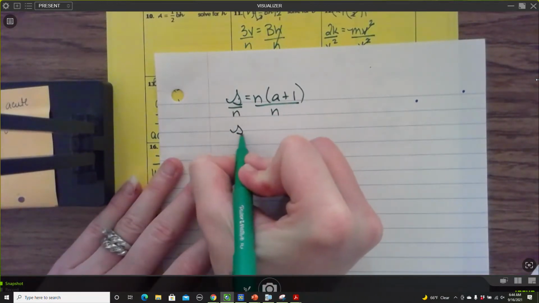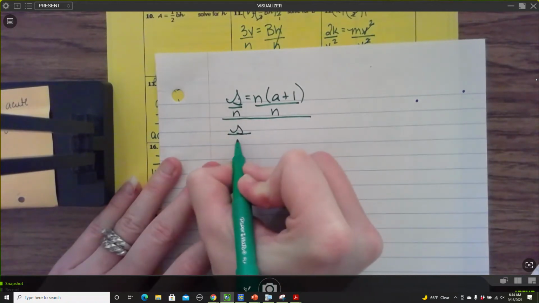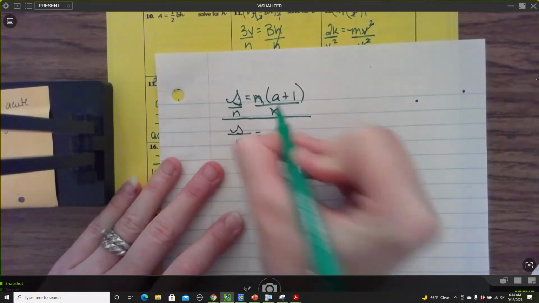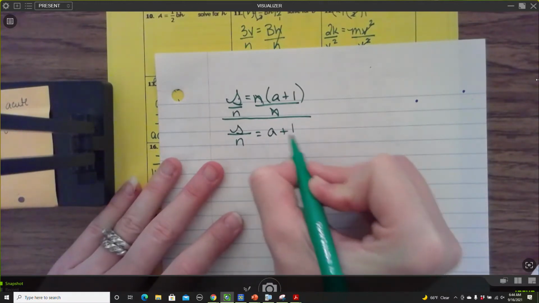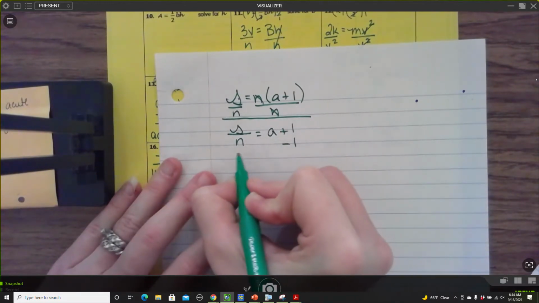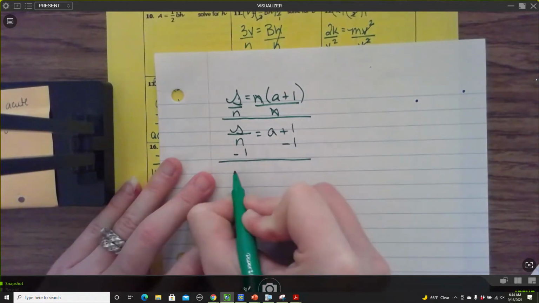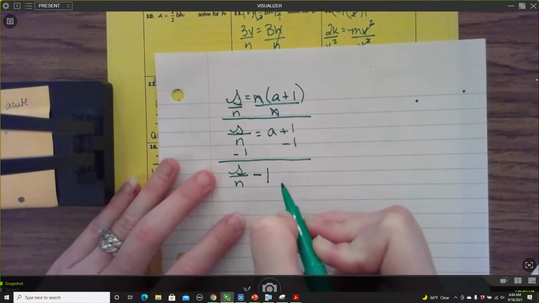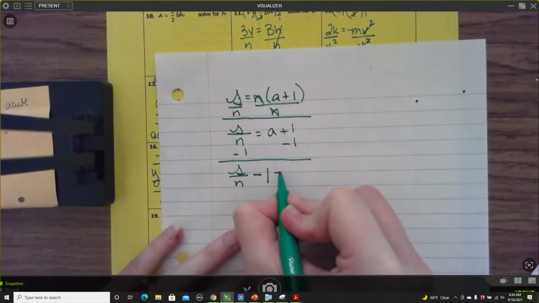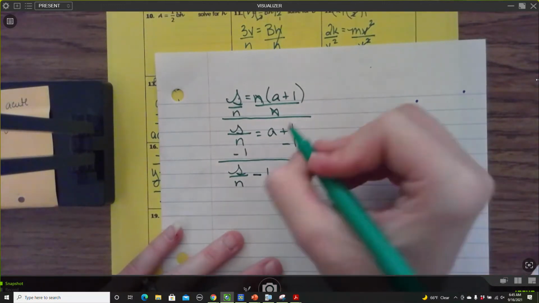So I would have S divided by n equals a plus 1. If I want a by itself, I can subtract 1 from both sides. So I would have S divided by n minus 1, again, just tack it on to the end, equals a.